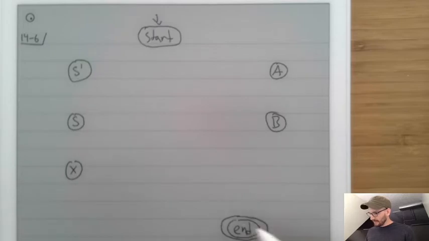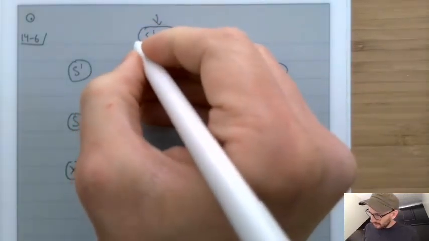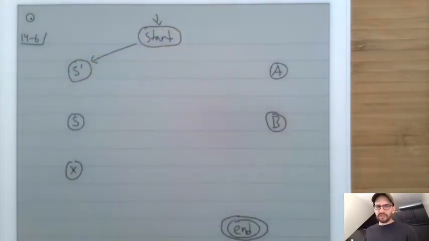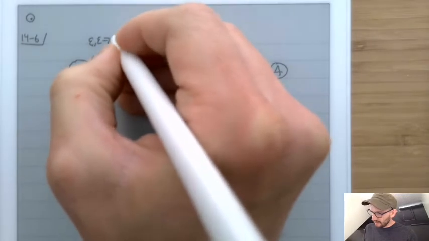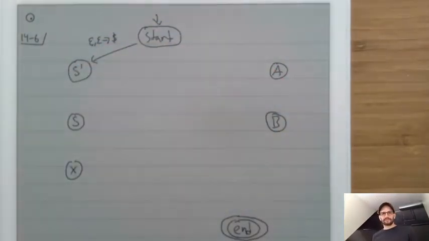And that's going to be accepting. All right. So now the first thing that we add is a mapping from the start state to the start symbol that's labeled epsilon, epsilon, arrow, star. Okay, so that's the first step.